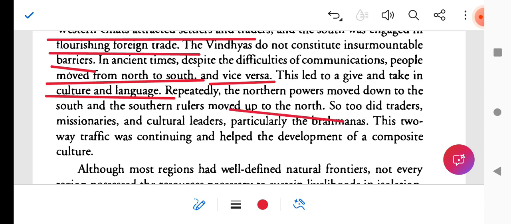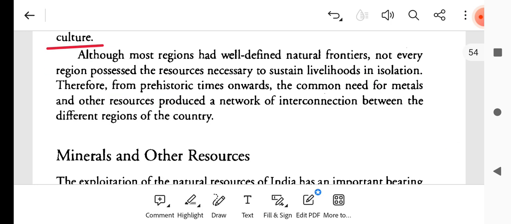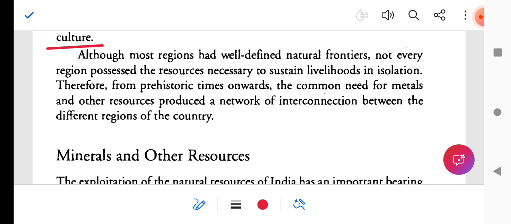So did traders, missionaries, and cultural leaders, particularly the Brahmanas. This two-way traffic was continuing and helped the development of a composite culture. Although most regions had well-defined natural frontiers, not every region possessed the resources necessary to sustain livelihoods in isolation.